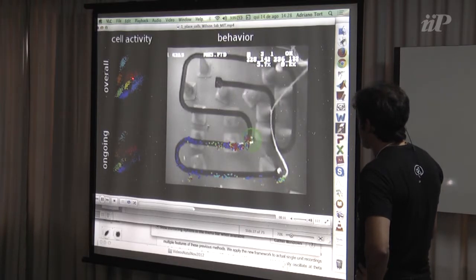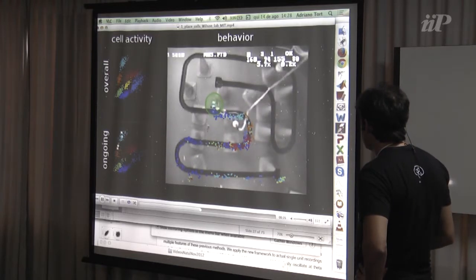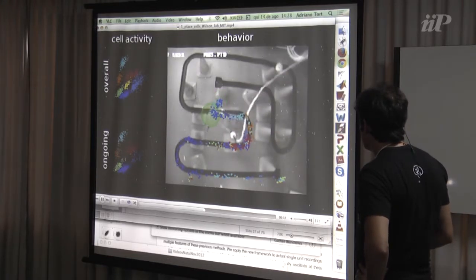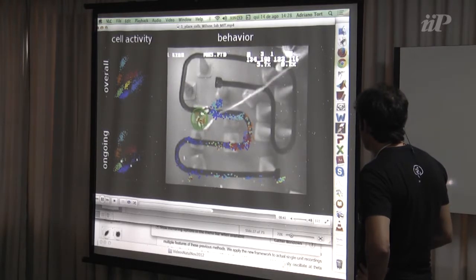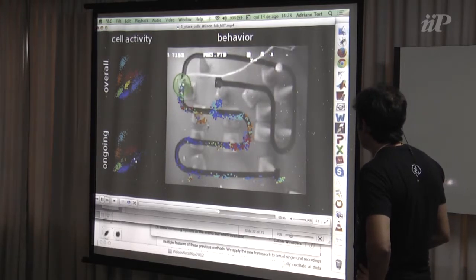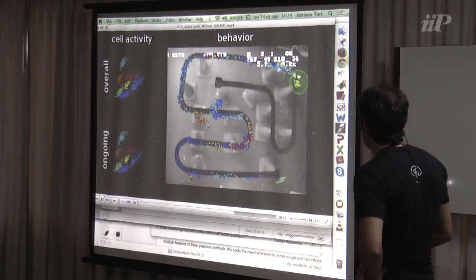I mean, how do I know this is red, this is not this guy? And you see that some cells have more than one place field.